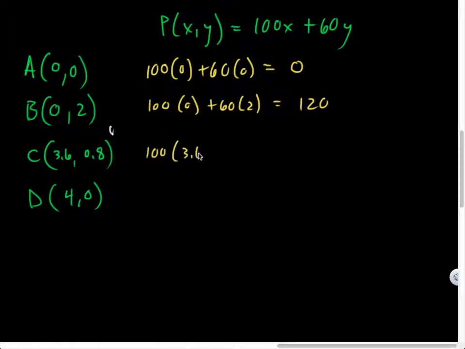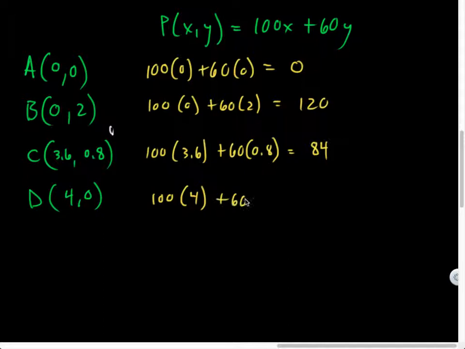100 times 3.6 plus 60 times 0.8. Oh, I just plugged that in way wrong. I think I got 84 for that, I believe. And let's see, 100 times 4 plus 60 times 0.